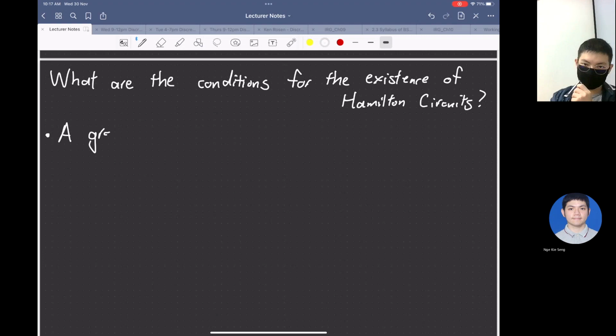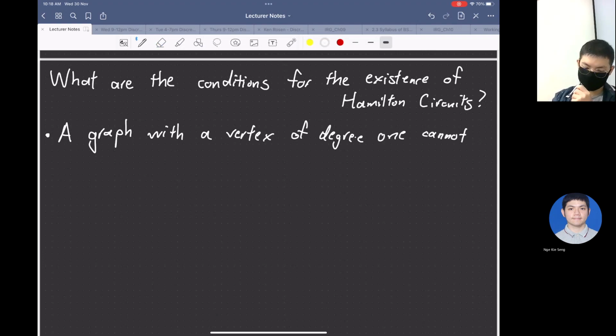So, for example, a graph with a vertex of degree 1 cannot have a Hamilton circuit. Does that make sense?